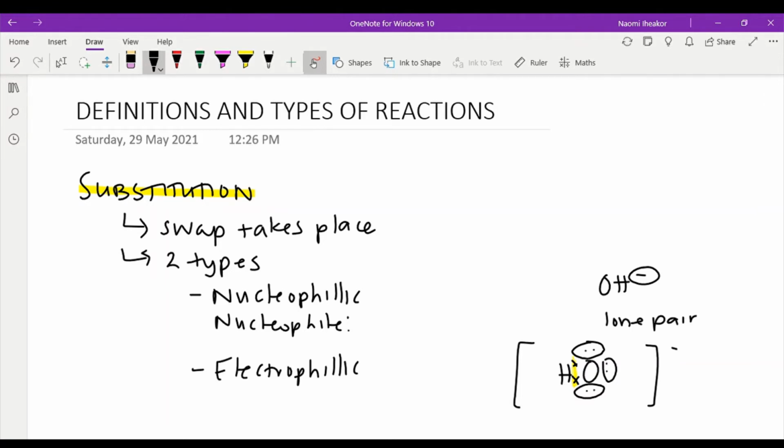And any species that has one or more lone pairs would be a nucleophile because it's looking for something to fill up this space, and this space. And so it is seeking a nucleus, hence the term nucleophile. So as a definition, we can just briefly write that it is nucleus seeking.